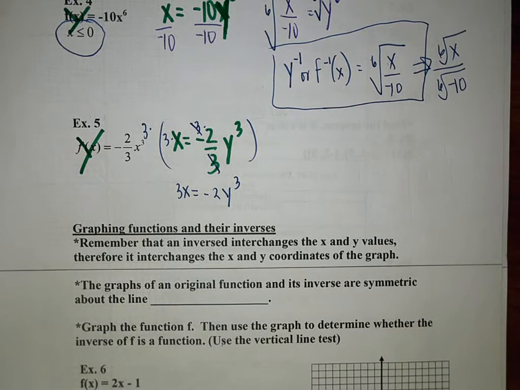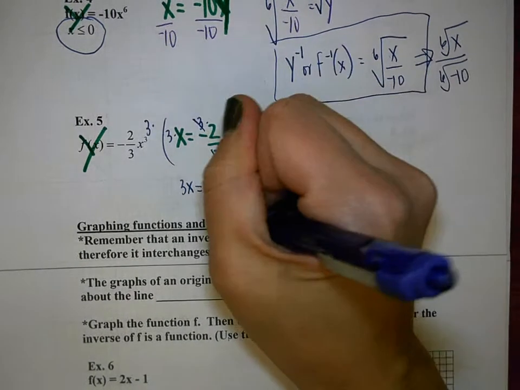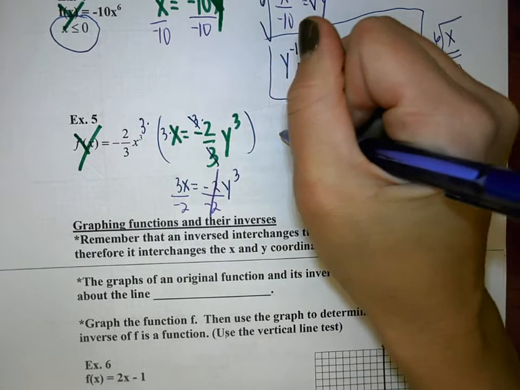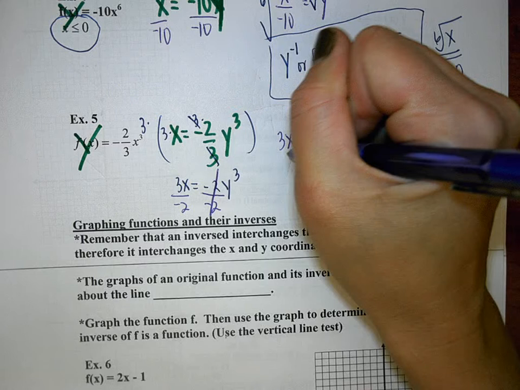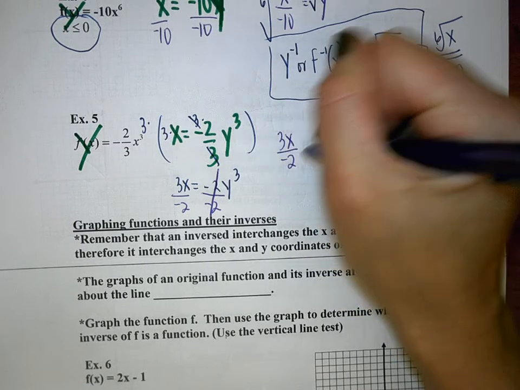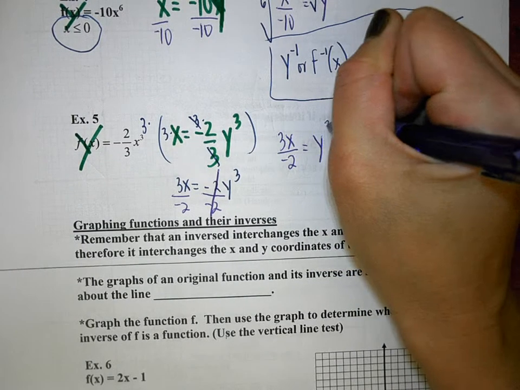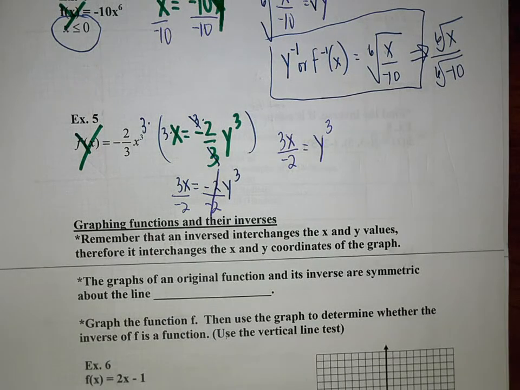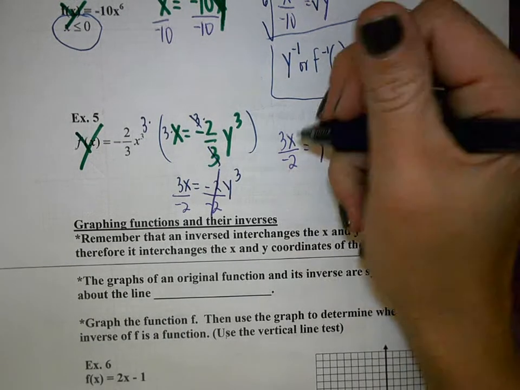And again, we're trying to get y by itself, so I need to get rid of that negative 2, so I divide by negative 2 on both sides. That cancels. We get 3x over negative 2 equals y to the third power. And then what do we do to get rid of that third power? We take the cube root.